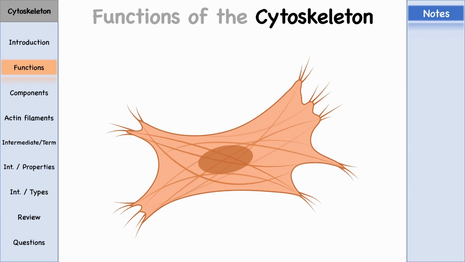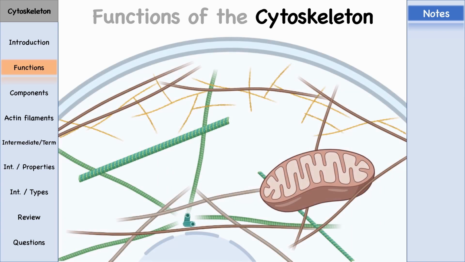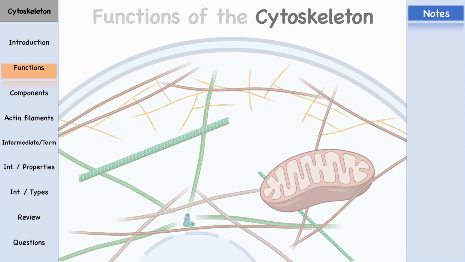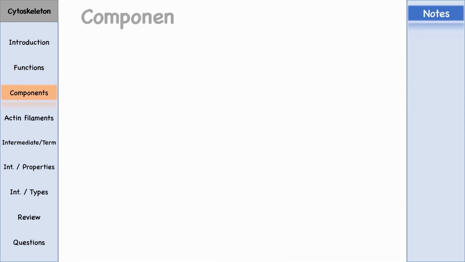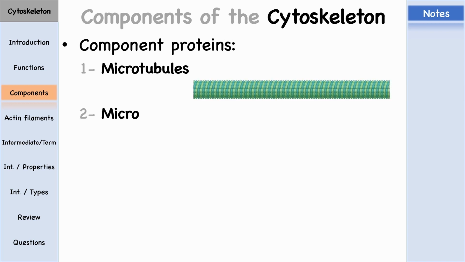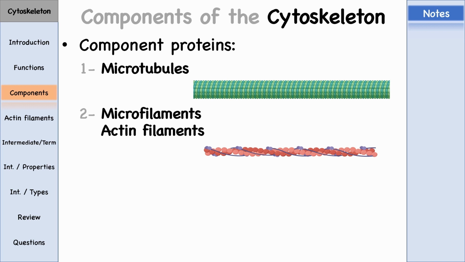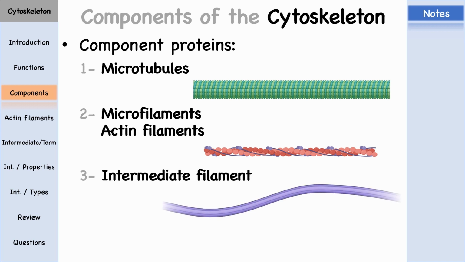The cytoskeleton is also responsible for the contraction of muscle cells. And of course, all the organelles inside the cell are also attached to the cytoskeleton. The proteins that make up the cytoskeleton are divided into three main types: microtubules, microfilaments, also known as actin filaments, and intermediate filaments.